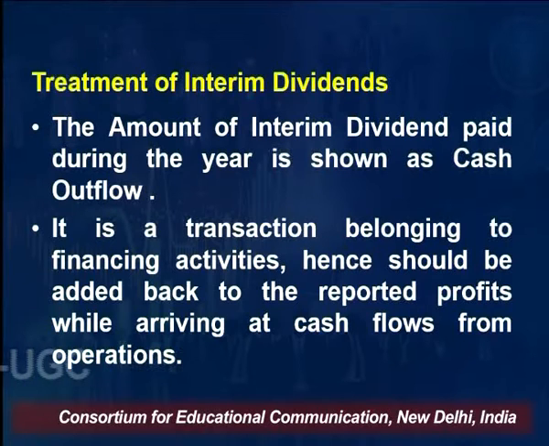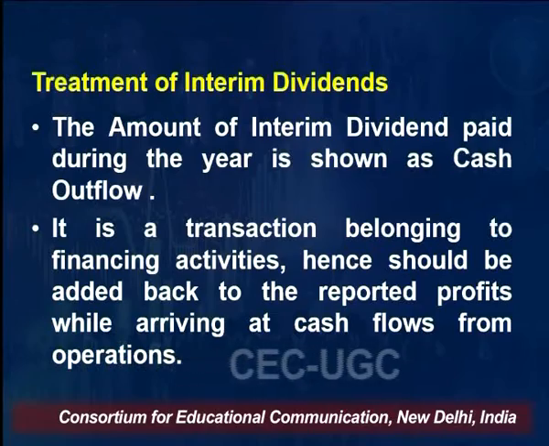So this item falls in the category of non-operating item because it belongs to financing activity. So payment of interim dividend, if it is shown in the profit and loss account and you start your statement of cash flow from the profit after tax, do remember that you have to nullify the impact of interim dividend as well.